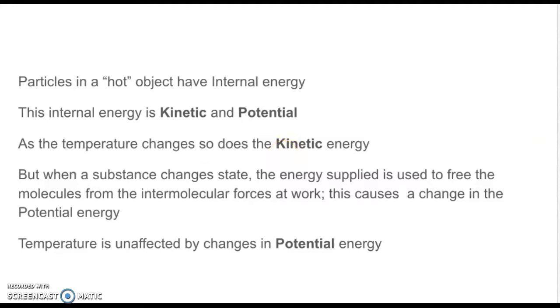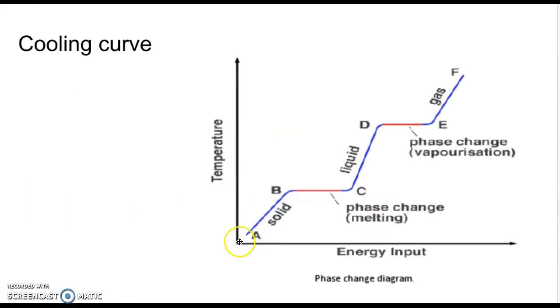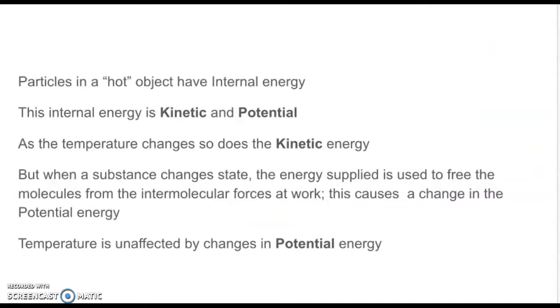So where you're seeing a temperature increase, like there, and there, and there, you're seeing a change in the amount of kinetic energy. And where the temperature is not affected, then heat is still coming in, but what's happening there is the intermolecular forces are broken, and that needs potential energy. So what you're getting there is a change in potential energy.